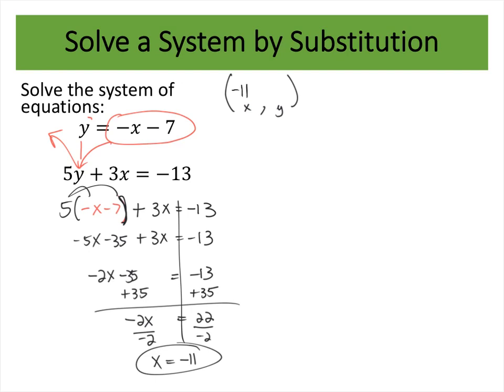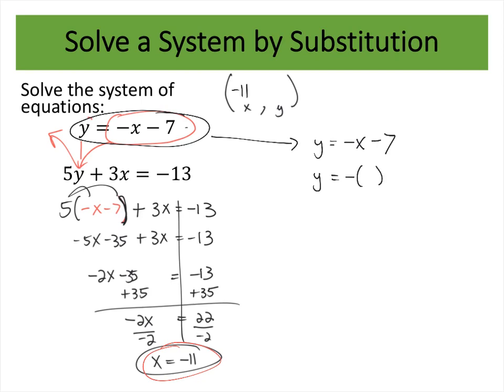And what we need to do is substitute it back in. So I'm going to take the equation that we started with, which was y equals negative x minus 7, and I'm going to substitute the x value of negative 11. So y equals negative, and x we know now is negative 11, minus 7.